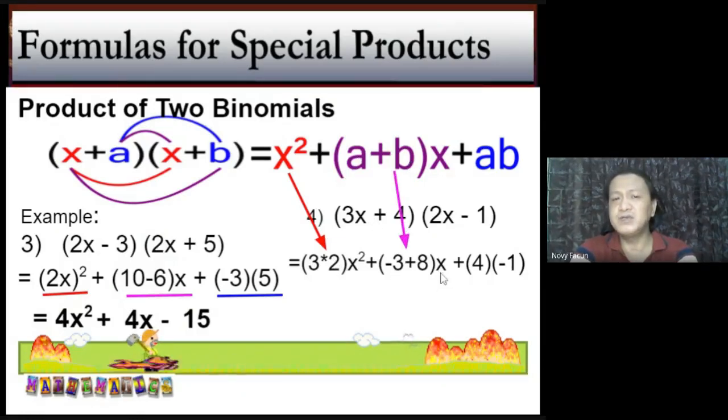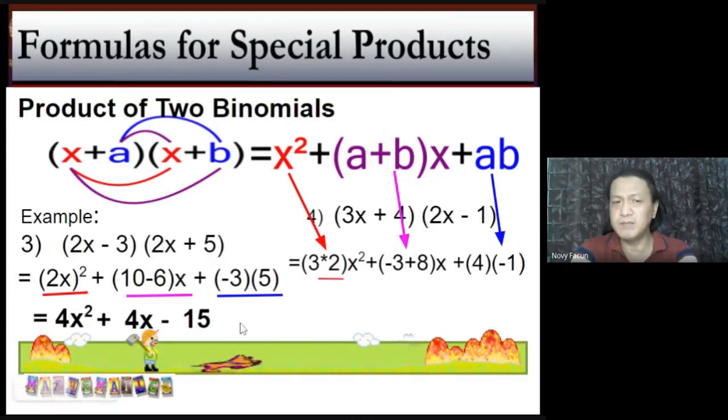A plus b x, this is it. So negative 3 is the product of your outer, the 3x and negative 1. Then 4 times 2x, so that became 8. Or simply, take out the x since they are similar. That's why negative 3 plus 8x. Here, the AB, their product, is 4 times negative 1.